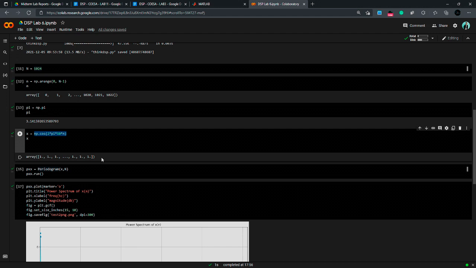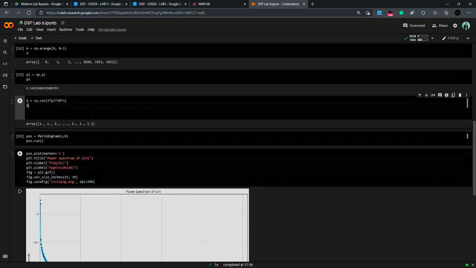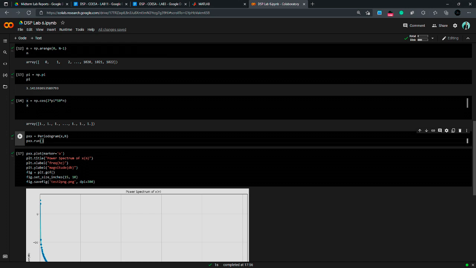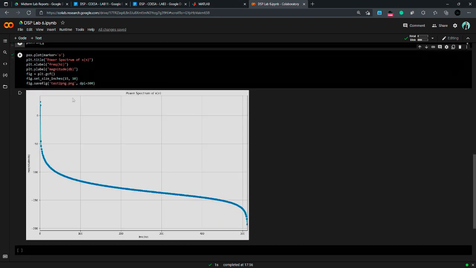With that, our array of values is shown here. We could also use a.x.list to see all of the values for our x, but we're not going to do that here, it's tedious. We'll now use periodogram to visualize and create our power spectrum, and using matplotlib, we have our visualization of the power spectrum of our given function.